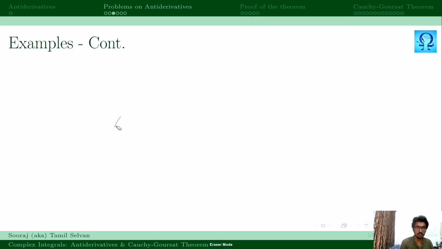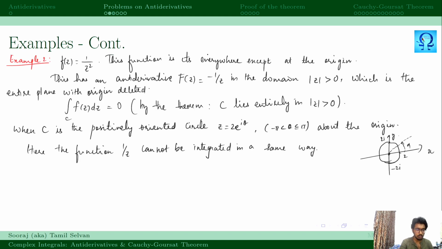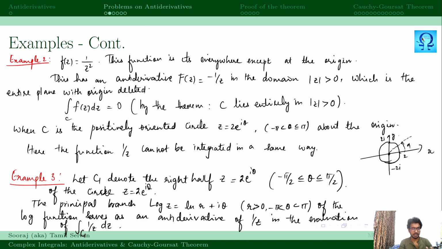If you notice, this is the part that we have considered. From minus 2i to 2i is the limit in this direction; it is clearly specified that from minus pi by 2 to pi by 2 is what we have considered in this example.